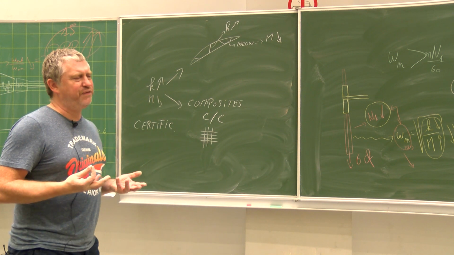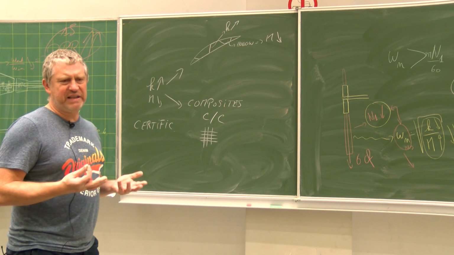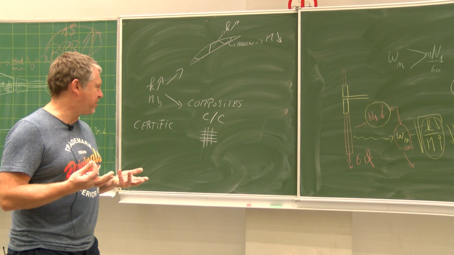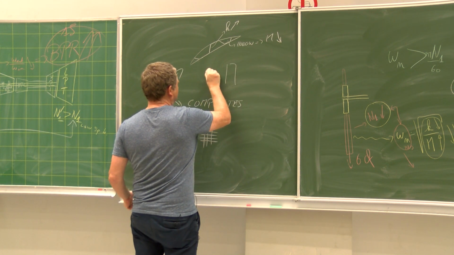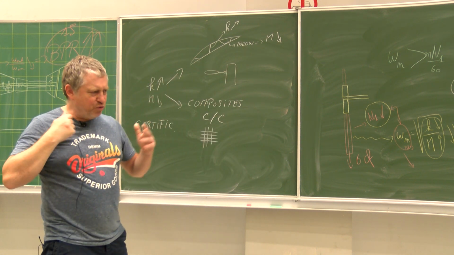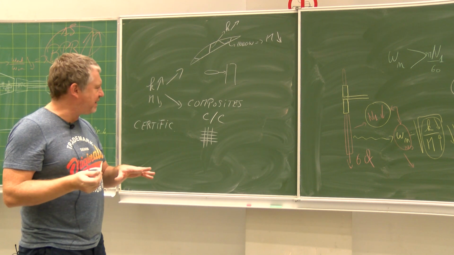But in the certification requirements, there is the bird impact, what is called the bird strike certification. And that means that you take a bird, and you launch the bird against the blades that are rotating.